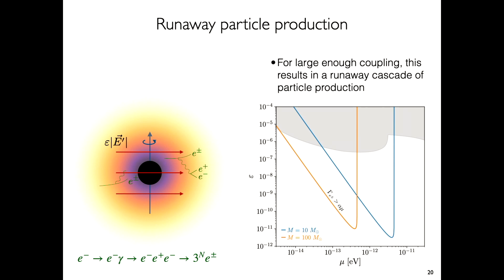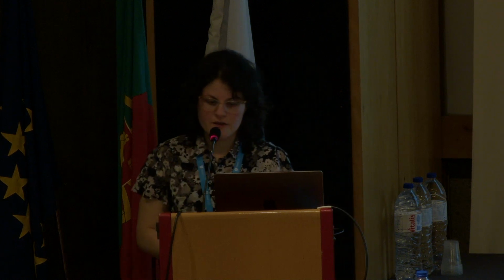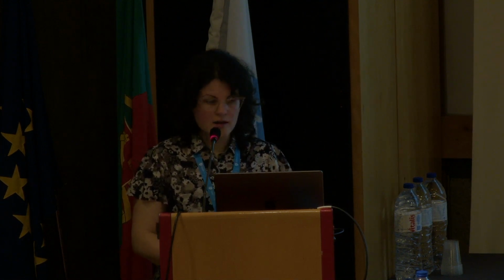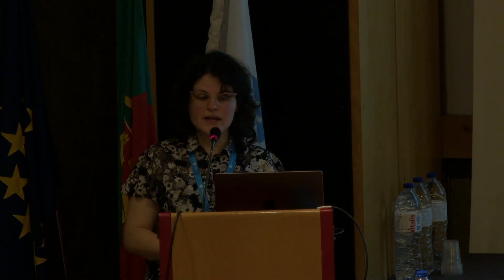So you can have these effects happen in a large region of open parameter space. What happens is you start with one electron, and then you get this runaway process where one electron radiates, creates electron-positron pairs, those get accelerated, and then you get this exponential cascade of particle production. And the time scale of this particle production is very fast. Everywhere where it happens, it's fast compared to the superradiance time scale.